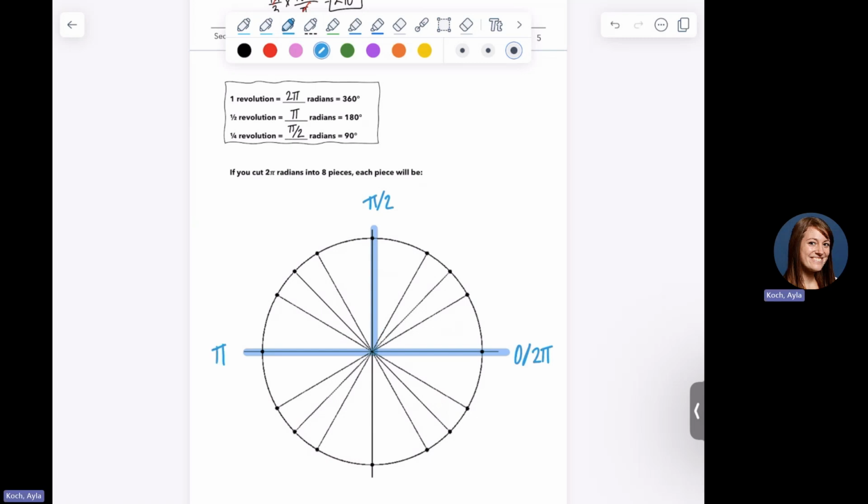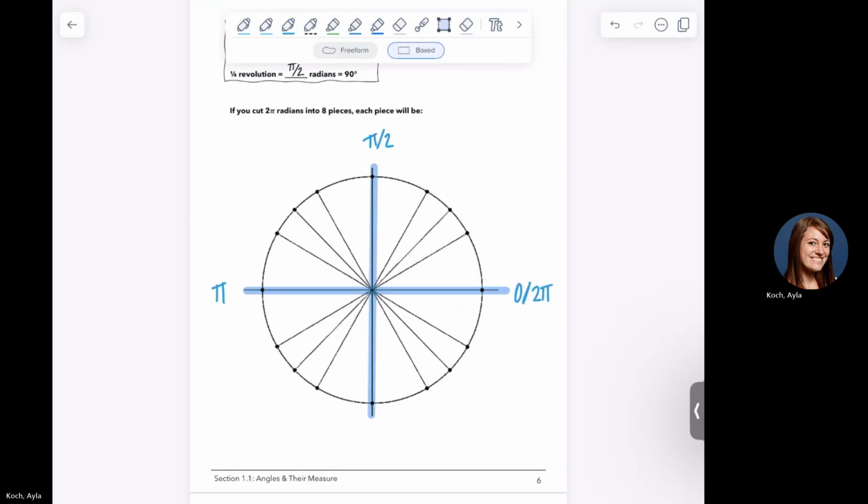But let's finish filling out the rest of it. We're going to cut this guy into 8 pieces. So it's cut into 4 right now. Cutting into 8, this is the same as our 45-degree angles.